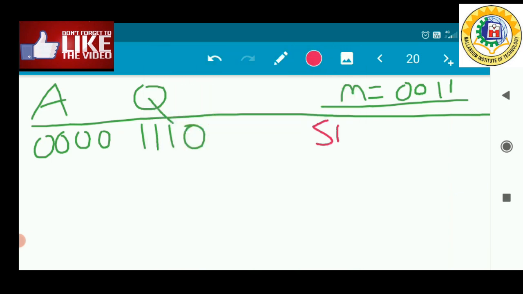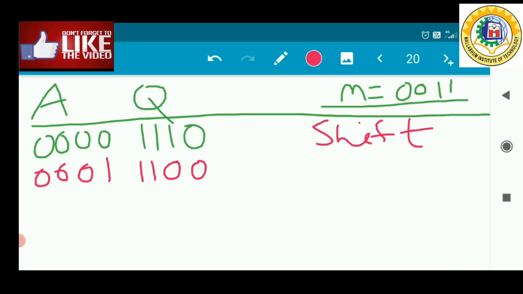First is your logical shift. If we perform the logical shift, shift all of this left, so it becomes 0 0 0 1 1 1 0 0, and after performing the shift we will perform A equal to A minus M.